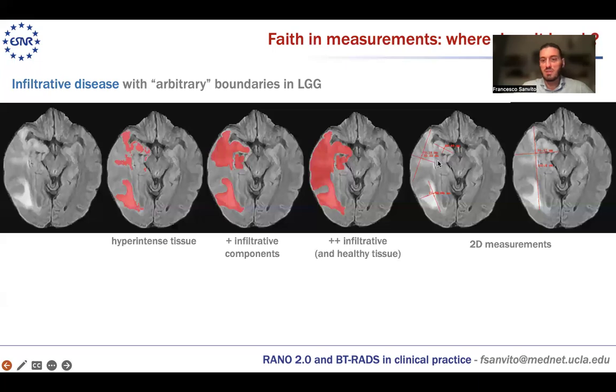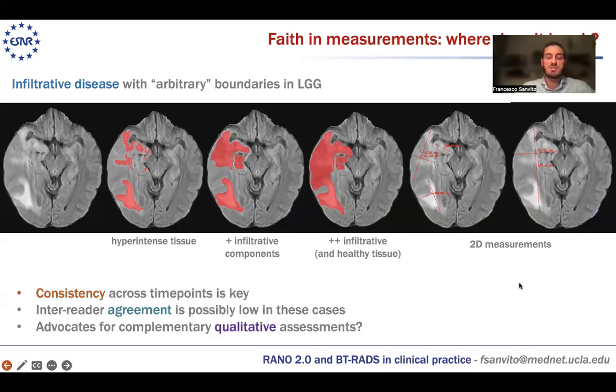Even worse than segmentations would be to come up with bidimensional measurements for these cases. So I think that these scenarios really advocate for complementary qualitative assessments, meaning that you don't necessarily need to obtain measurements if you have other means to say reliably that the tumor is growing.